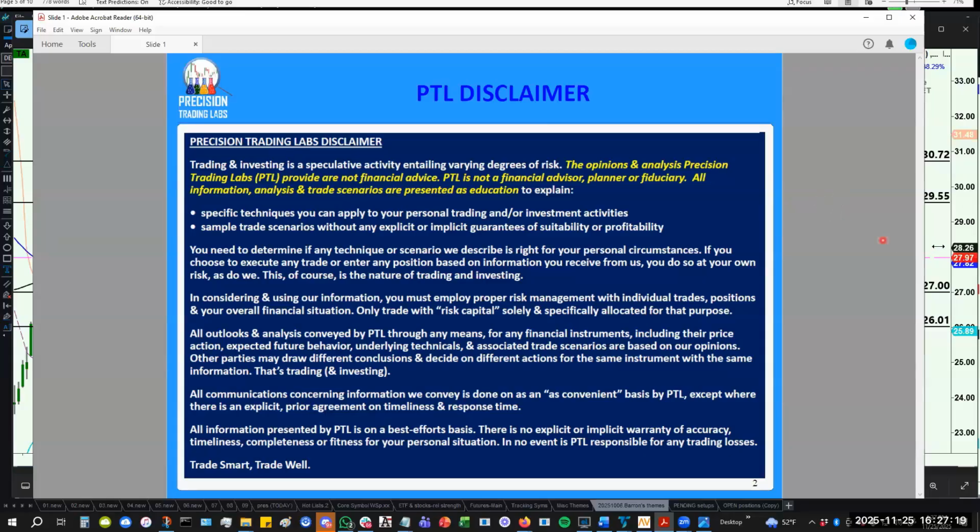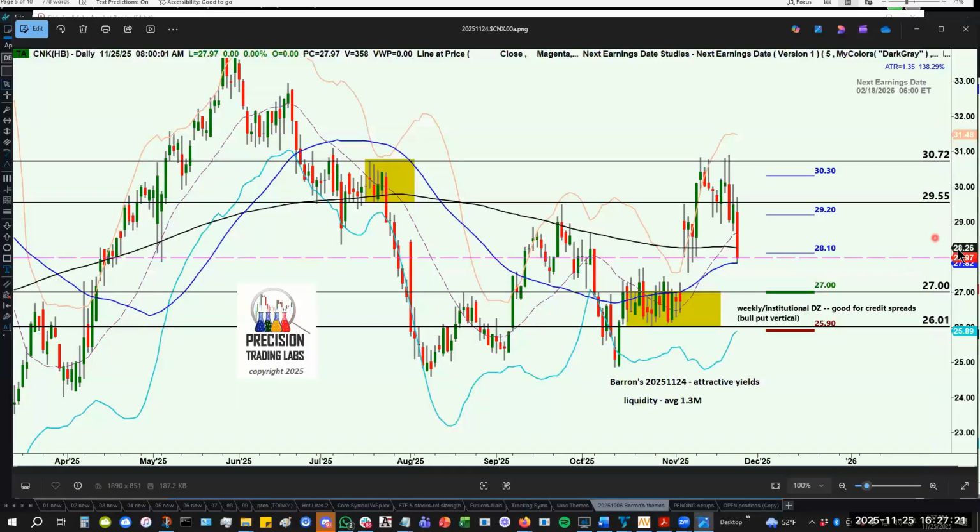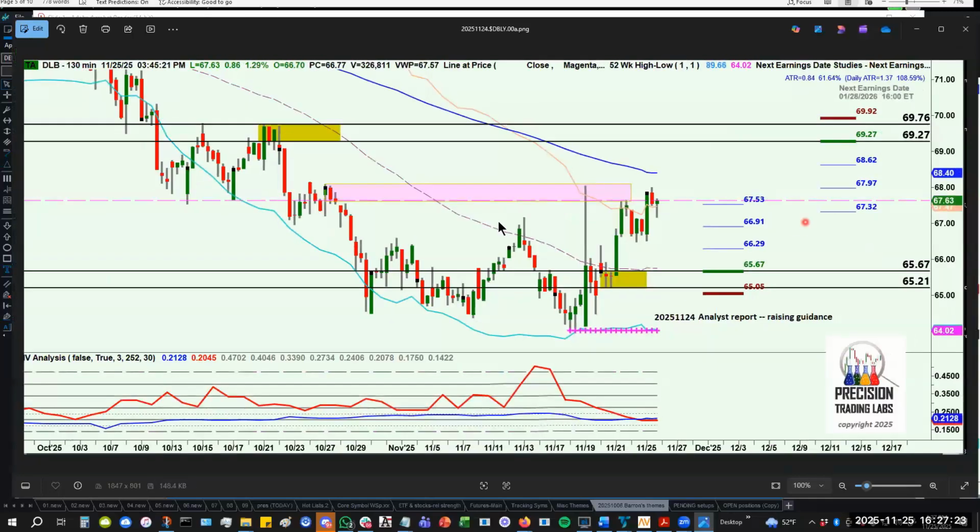All right, so let's get back to the charts here. Next setup we were looking at, this is for those of you who are audiophiles. This is Dolby Labs, and there was an article in Barron's that a couple of analysts had raised their guidance and raised their price targets, so I identified two zones here, one a supply zone here, one a demand zone here.